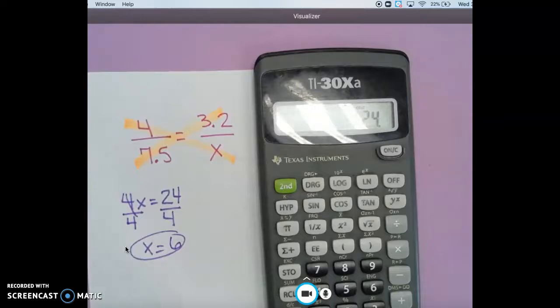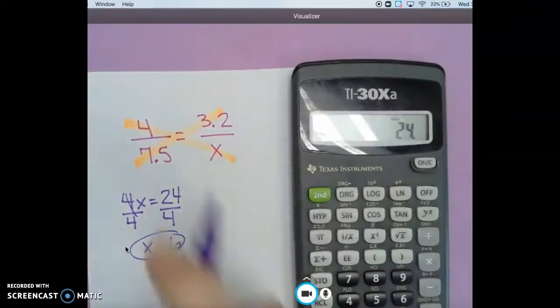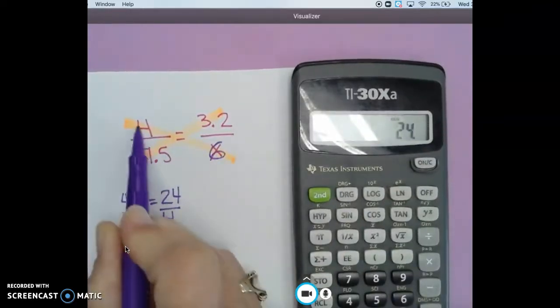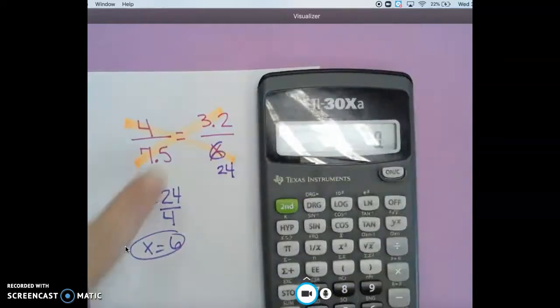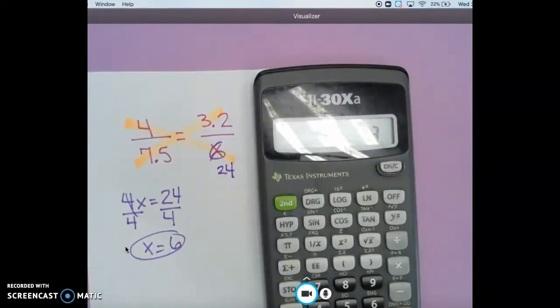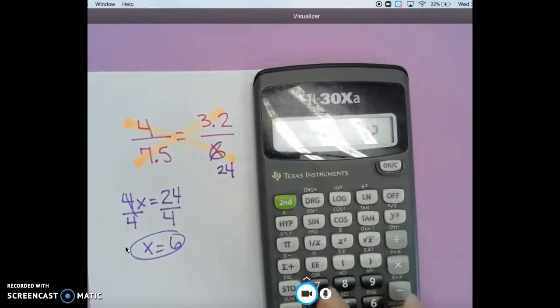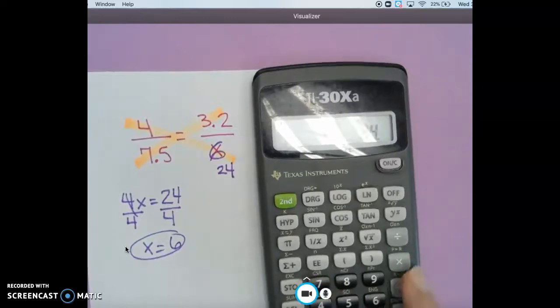So now if I double check my math, if I put a 6 where this x is, 6 times 4 is 24. Now we just multiply this one time, but if we want to just do it again, just to be on the safe side, it is 24. So that means that we got all of our problems correct.